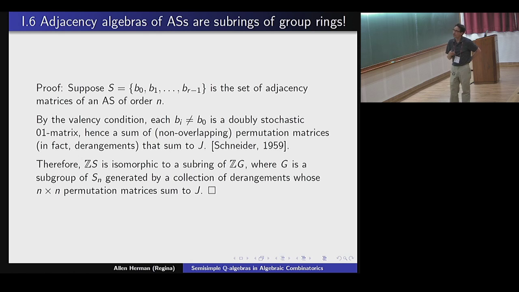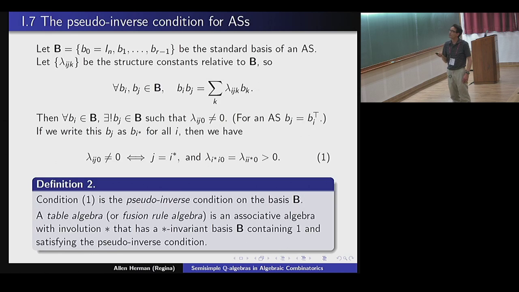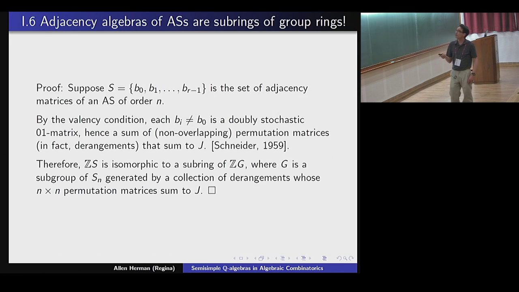And that makes it an element of the convex hull of the permutation matrices, because it's doubly stochastic. And what Schneider proves is that in that case, it has to be a convex combination of these extreme elements, and it will have to have 0 and 1 coefficients. So you get a sum of permutation matrices that don't overlap. For each element B_i, you have a set of permutation matrices whose sum is that. And those collections all sum to J.